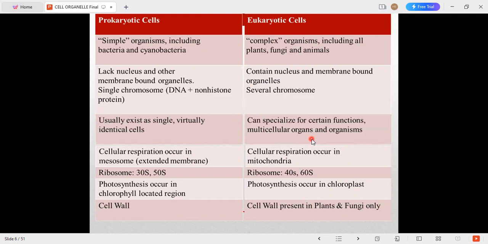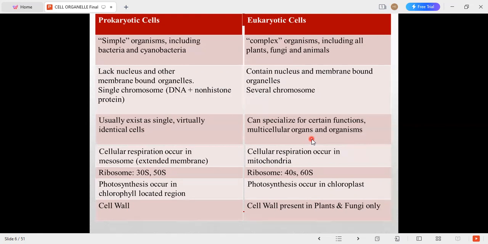Usually, prokaryotes exist as single, virtually identical cells like bacteria, or in other cases, they could be associated with other cells. On the other hand, eukaryotic cells can specialize for certain functions, forming multicellular organs and organisms.